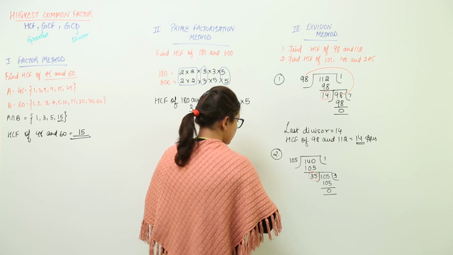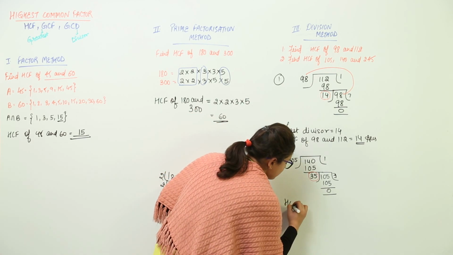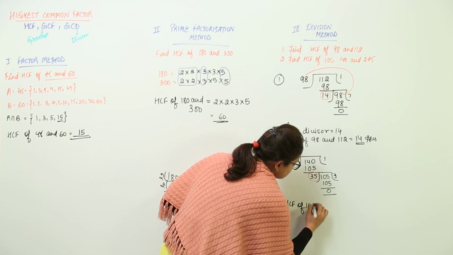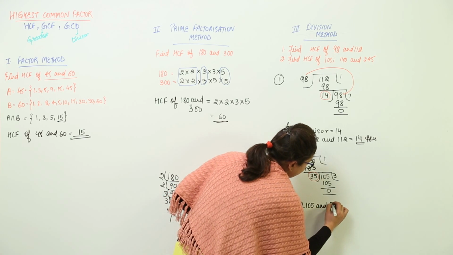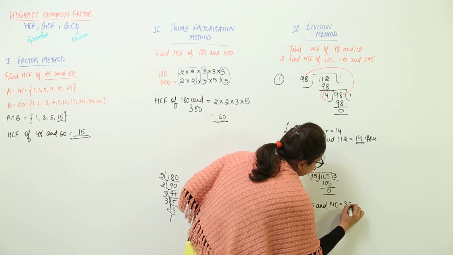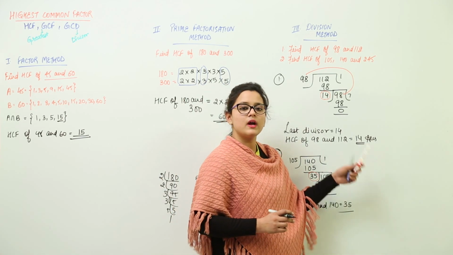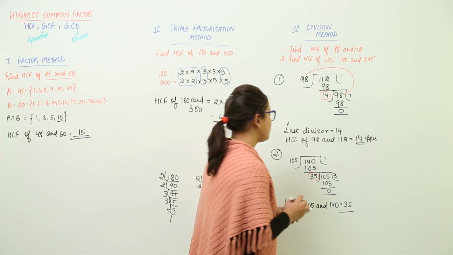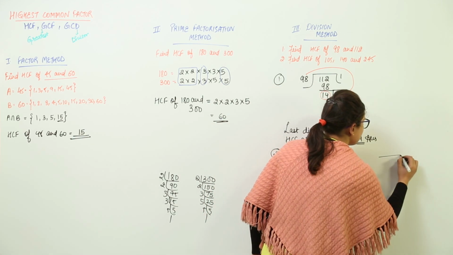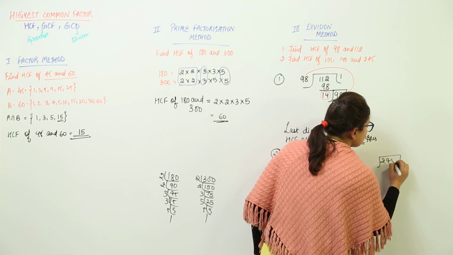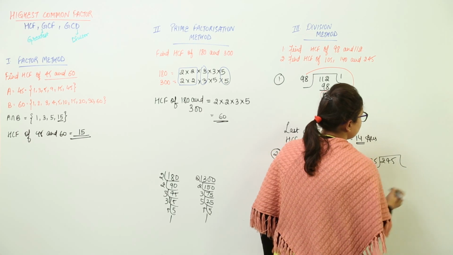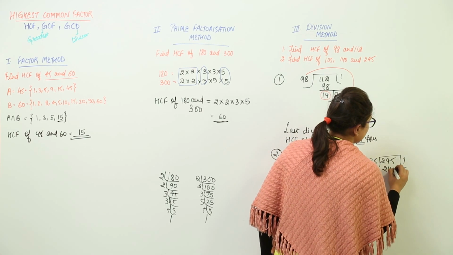So I will write over here that the HCF of the two numbers, 105 and 140, is found to be 35. Now we have to find the HCF of 35 and the third number, which is 245. We'll divide 245 by 35 and we'll do it with 7 because it is going directly.